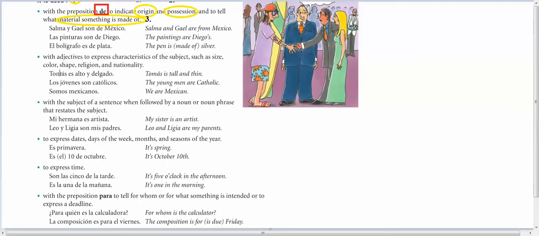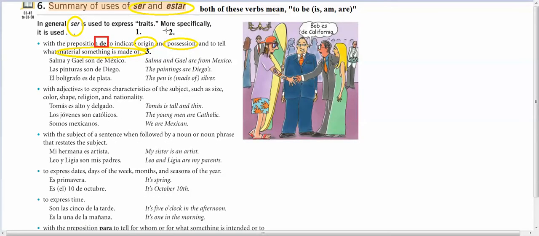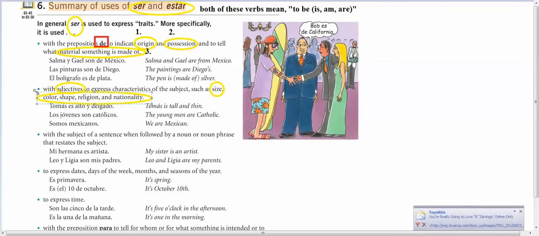It's also used with adjectives to express characteristics of the subject, such as size, color, shape, religion, and nationality. These all go with ser.